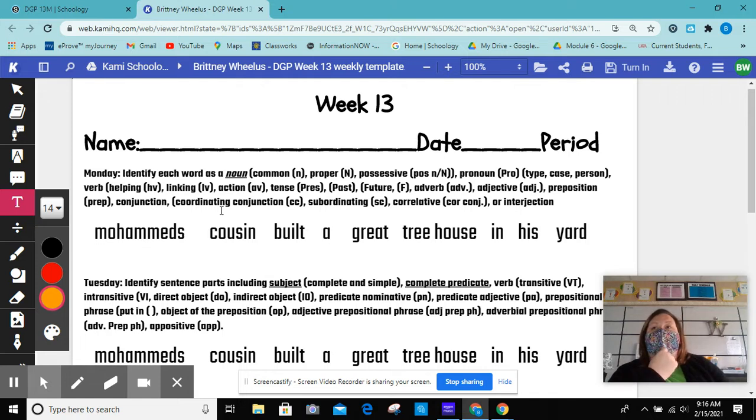Things that will start with a lowercase n. Identify all of the common nouns and put a lowercase n above them.